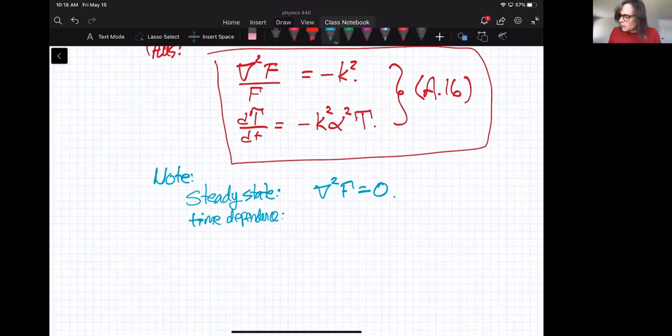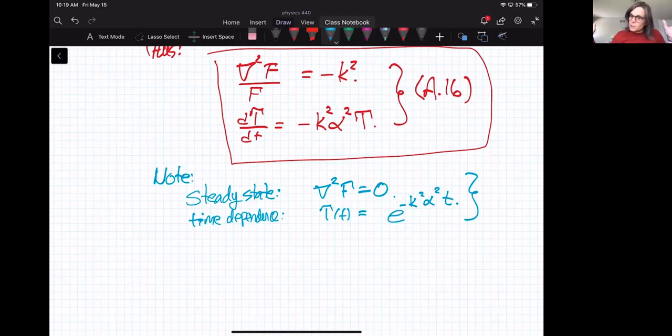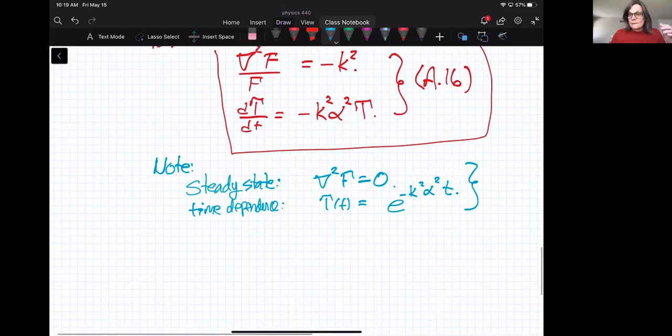So the time-dependent part of this is going to be T of t is equal to e to the minus k squared alpha squared t. Okay, so those two things are true. In the steady state, it reduces to the Laplace equation. And whatever you're looking at for time dependence with respect to this simplified version of how thermal energy moves, it's going to be an exponential solution. Okay?